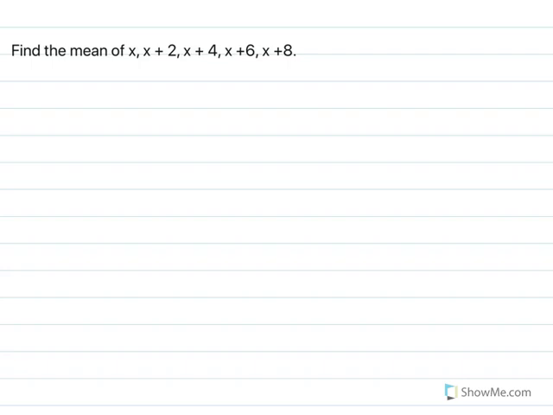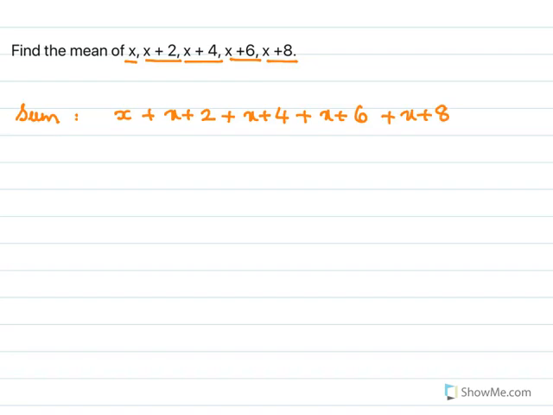Find the mean of the following. So first we need to find the sum of them. So the sum will be x plus 2 plus x plus 4 plus x plus 6 plus x plus 8.